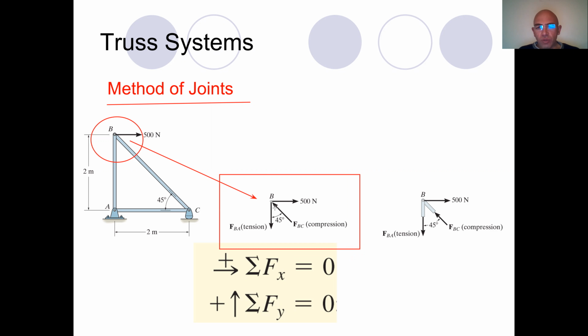Now, when we draw the free body diagram of the pin at point B, we see that we don't know the forces. Okay, so we don't know the magnitude of the forces, but certainly we know the direction because they are always in the direction of the truss member.